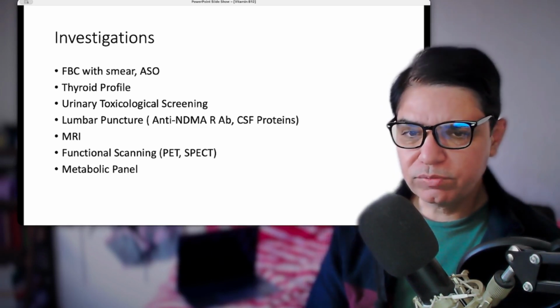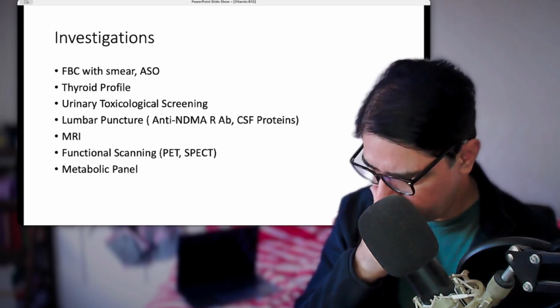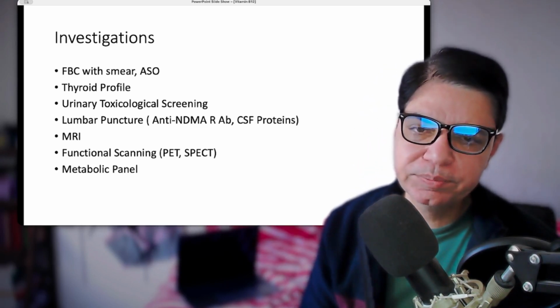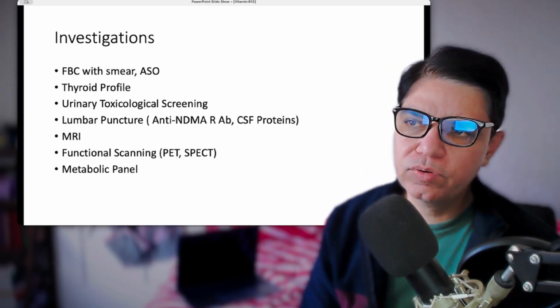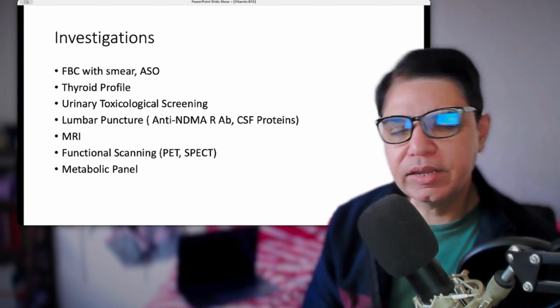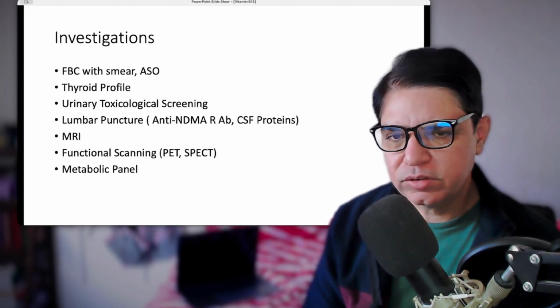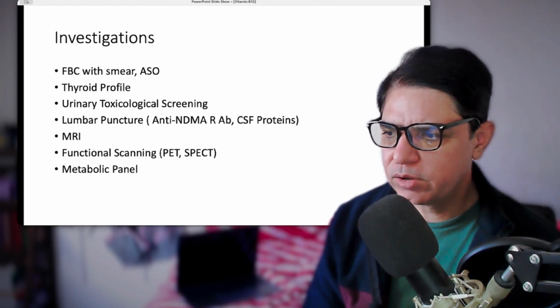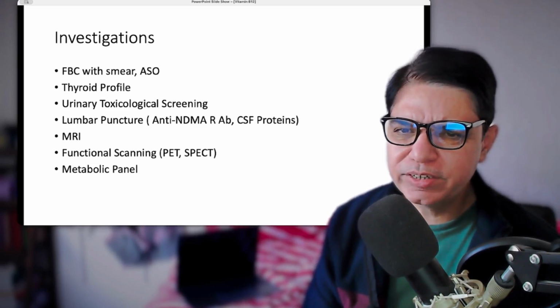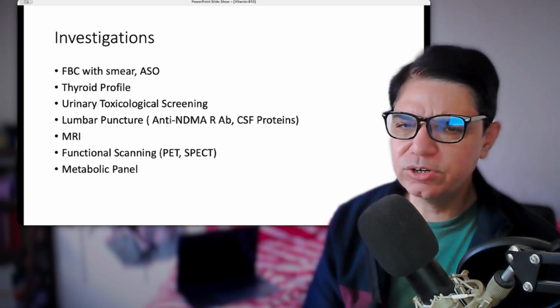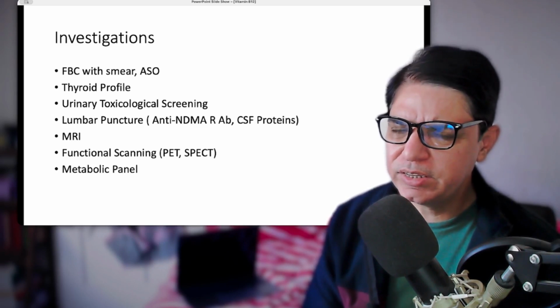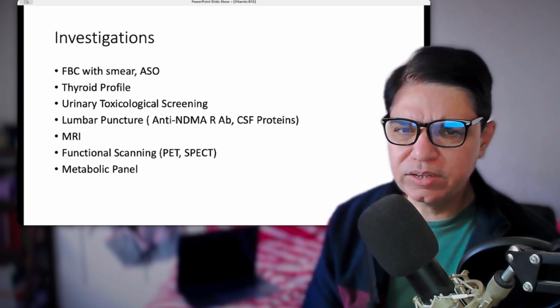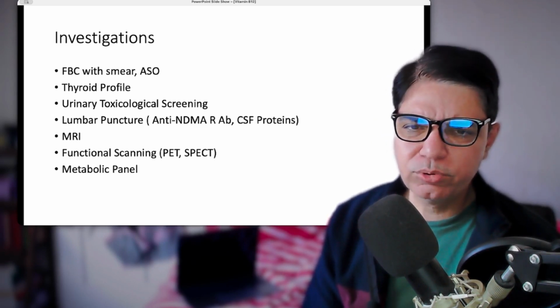You can also check for CSF proteins, because CSF proteins would be elevated in case of immune mediated encephalitis. For example, if you are suspecting any of those conditions in which there's some immune mediated destruction, whether it's multiple sclerosis, ADEM, or SSPE, CSF proteins would be elevated.